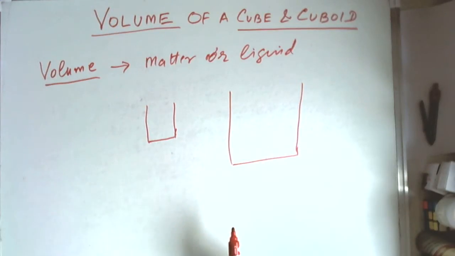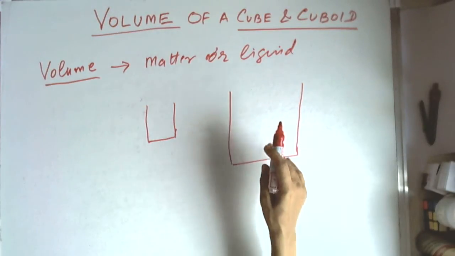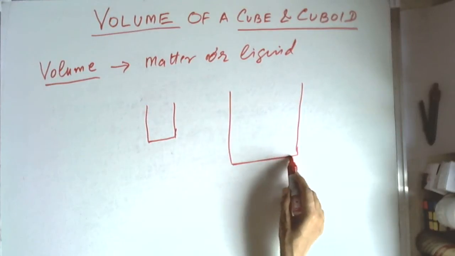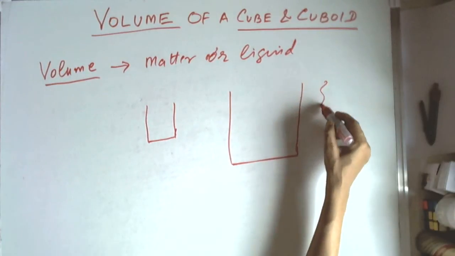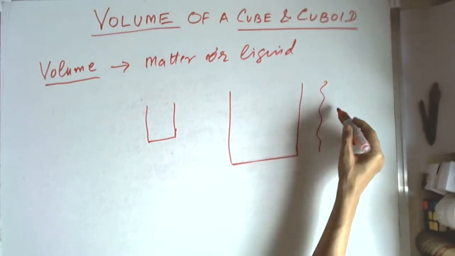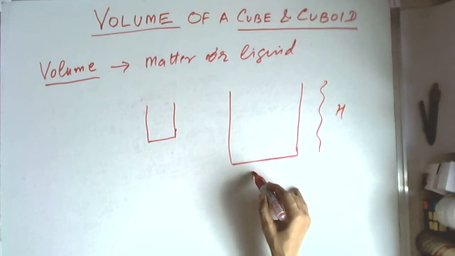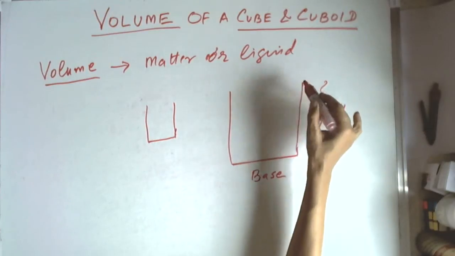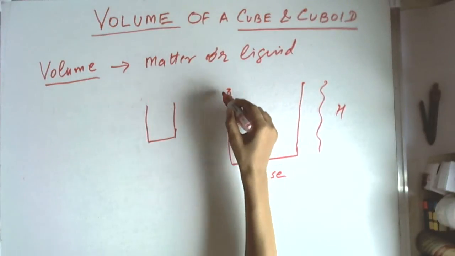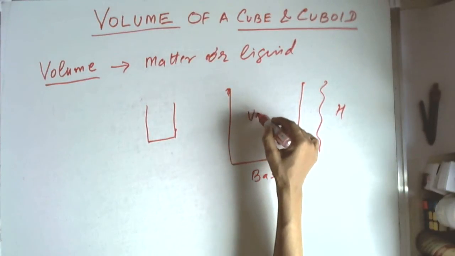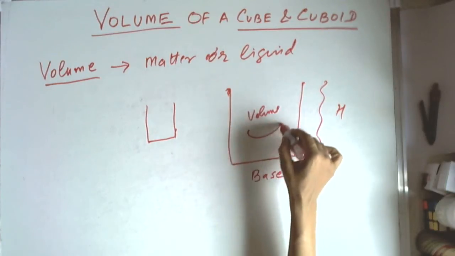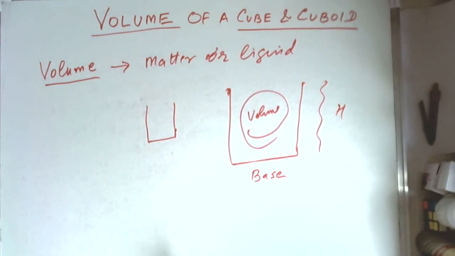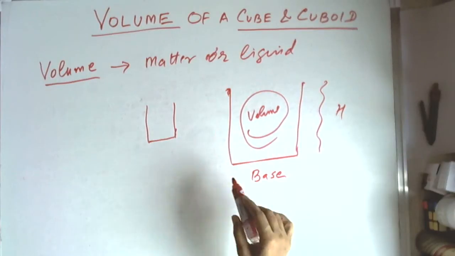Now, when we have a big container, it could become big because the base is bigger, or it can store more volume if the height is more. So this is base and this is height. The volume which it is going to store depends upon the area of the base and the height.